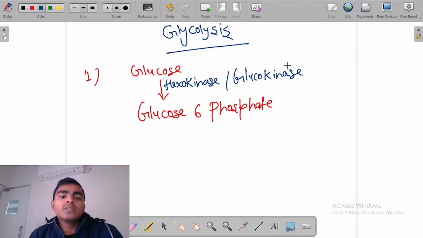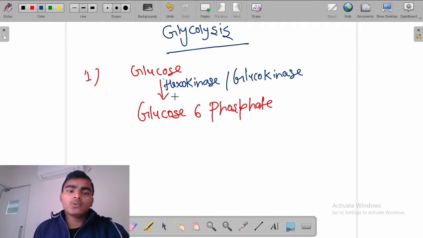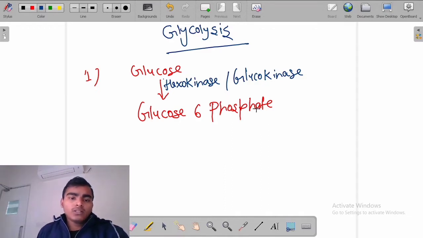Hexokinase means a kinase enzyme that acts on a hexose sugar. Why are we writing glucokinase? Glucokinase is an enzyme found only in the liver, especially in hepatocytes, while hexokinase is found in all other cells. So this is how we deal with it.